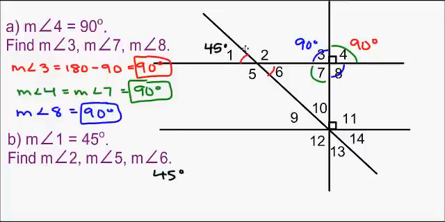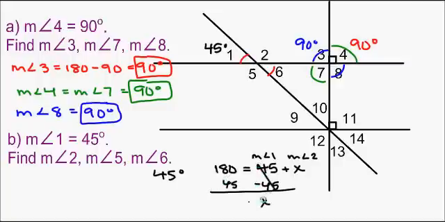Okay. Now, angle 2 and angle 1 are supplementary. So we know that 180 equals angle 1, 45, plus angle 2. So this is the measure of angle 1, measure of angle 2. Subtract 45 from both sides.